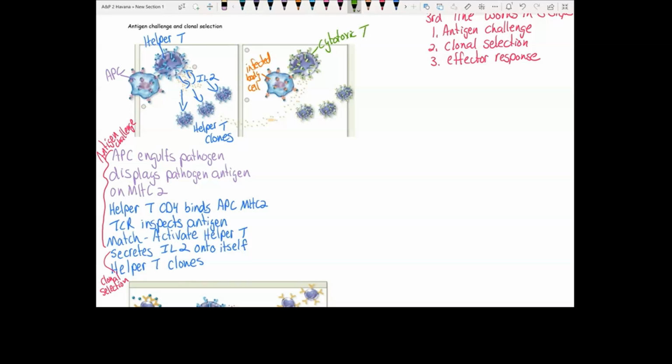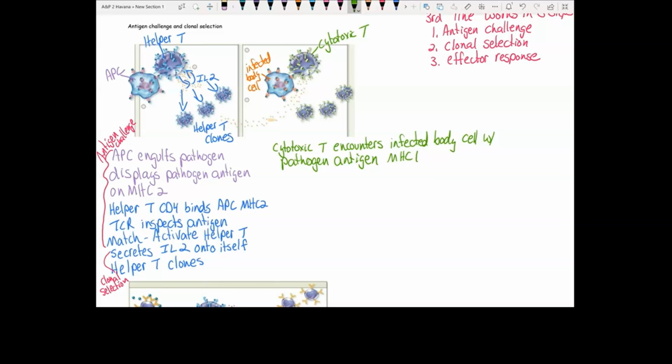So now we have a cytotoxic T encountering an infected body cell that is displaying pathogen antigen, and this would be displayed on the MHC1.